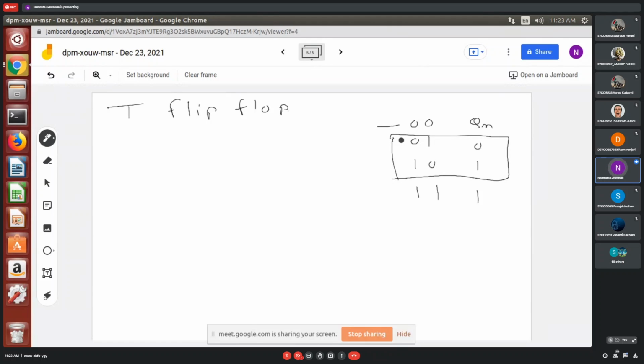Now, if both the inputs are the same, we can use the T flip-flop. The T flip-flop does not use the SR flip-flop; it uses the JK flip-flop circuit diagram. Why? Because you know that in the SR, this is the invalid state, and that we have to avoid in a T flip-flop. So here I will draw the block diagram of the JK flip-flop.